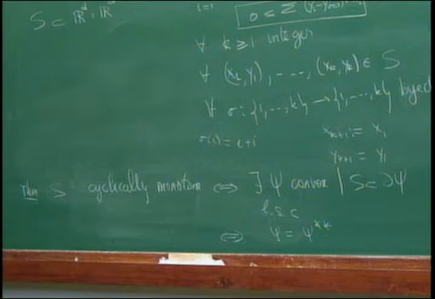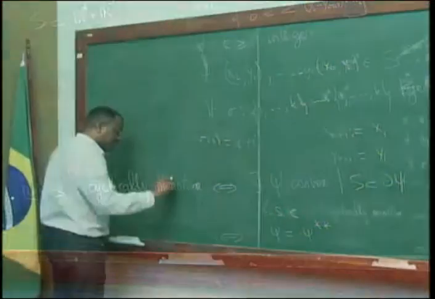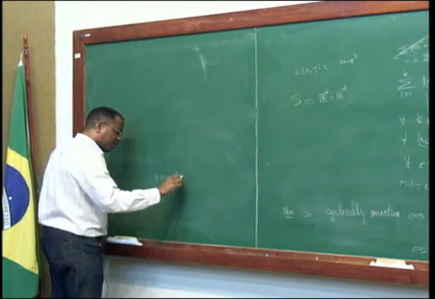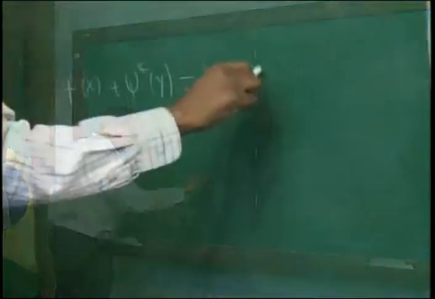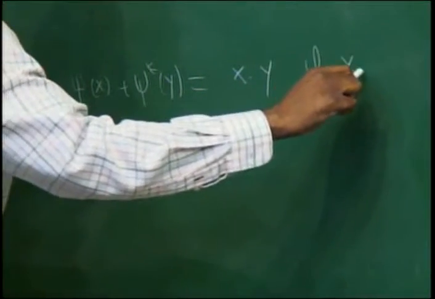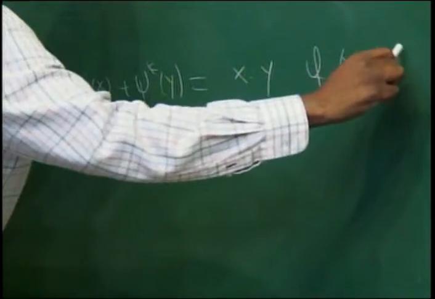A consequence of that is if you write phi of x plus phi star of y, you get that this is the inner product of x and y if (x, y) is in the subdifferential.